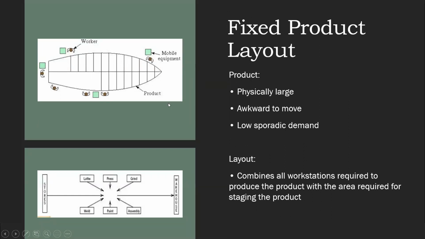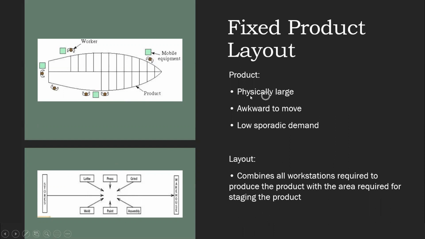Ibig sabihin, para itong may common area na kung saan yung mga process pumupunta dun sa common area na yun. So that combines all workstations required within the area required for staging the product.